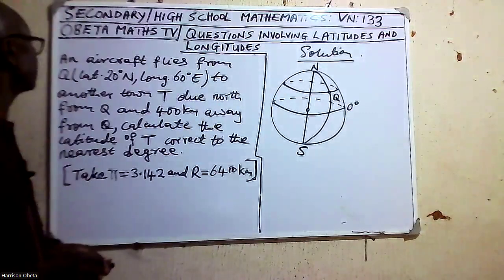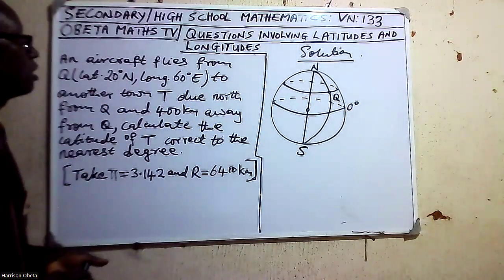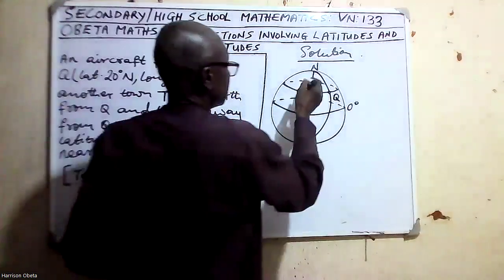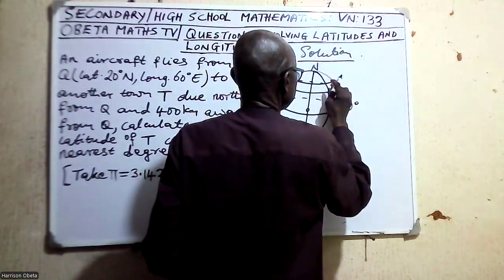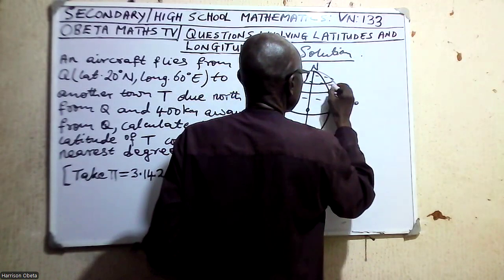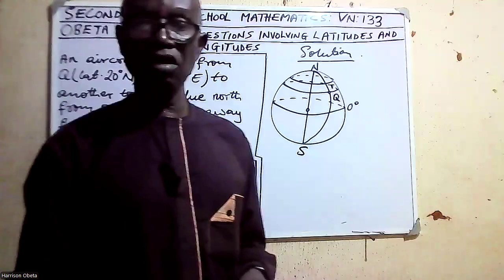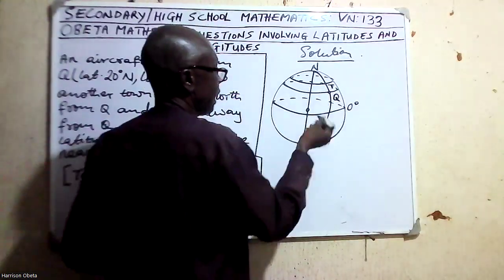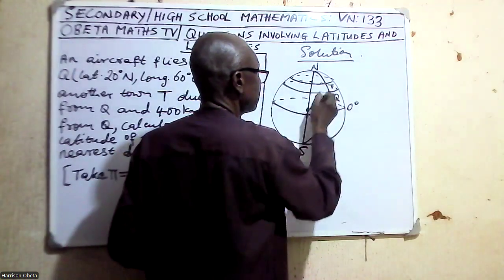But we are told that the aircraft flies from Q to T at the northern part of Q. So let's take this to locate the position of T. Let's call this T. So from this, we can see that the distance is along the longitude. So that means we have to take our center from the big center.